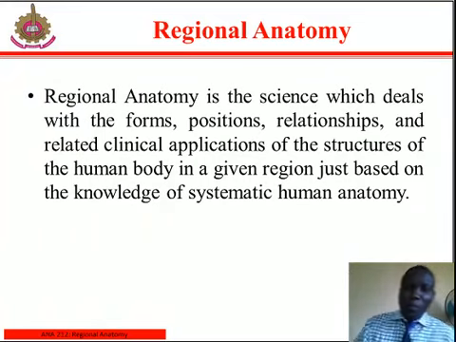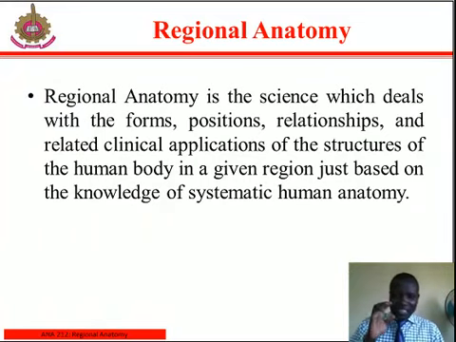Regional anatomy. Regional anatomy is the science which deals with the forms, position, relationship, and related clinical applications of the structure of the body in a given region, just based on the knowledge of systematic human anatomy.